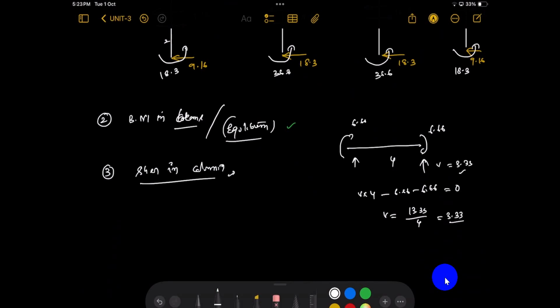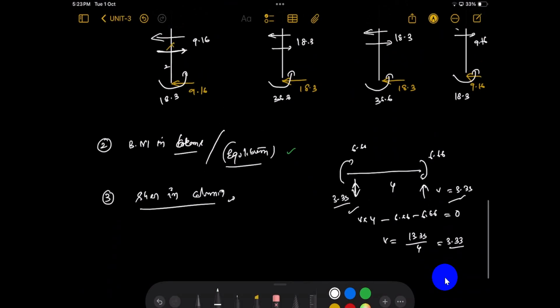If this is 3.33 and there is no vertical load on the span, then this must be in the opposite direction to maintain equilibrium. There is no other alternative, there is no other gravity load on that column. So this is 3.33, this is 3.33.